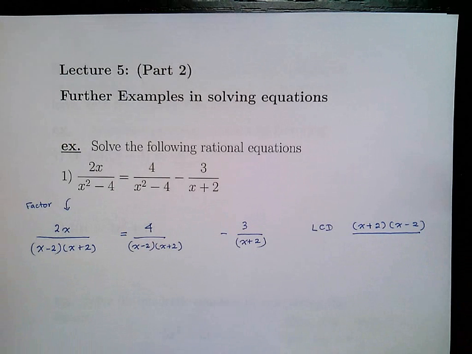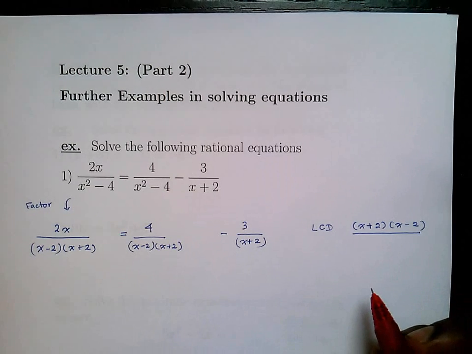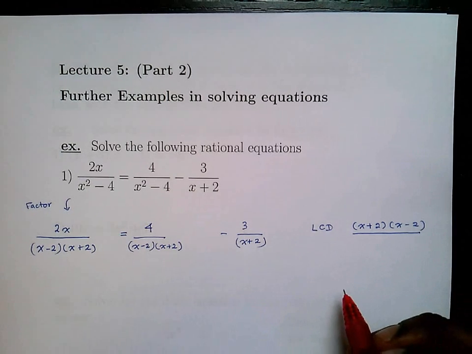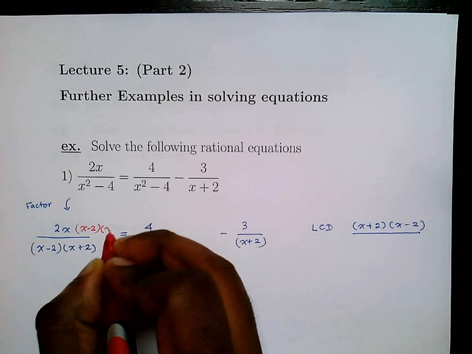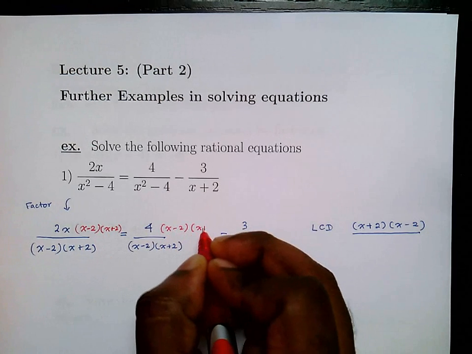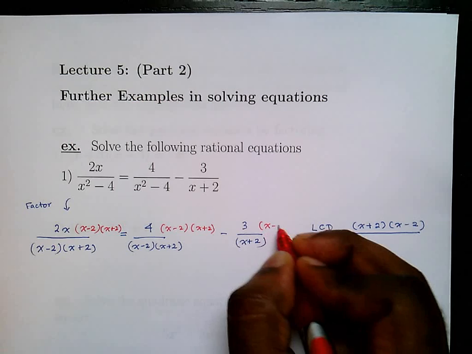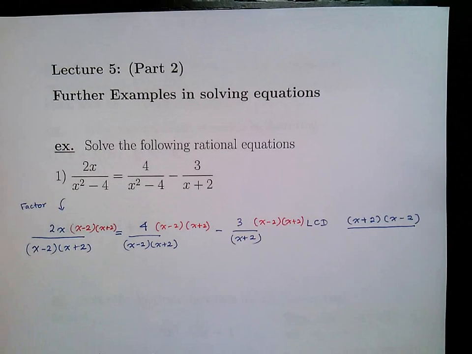Now what you do is, you just multiply the whole equation or multiply each term by the least common denominator. So I will just multiply each term. So here you get x minus 2, x plus 2, and x minus 2, x plus 2, and x minus 2, x plus 2. See, it's the same thing.